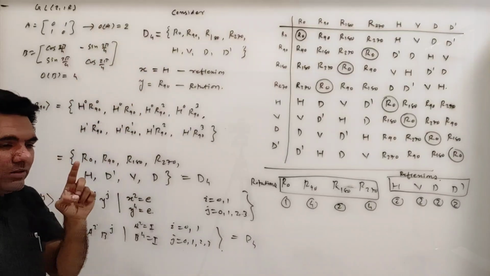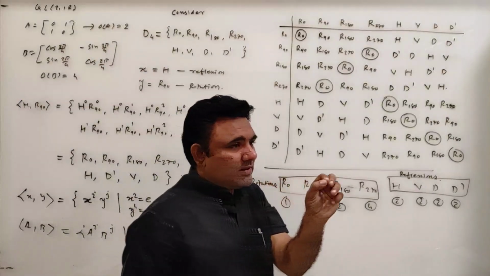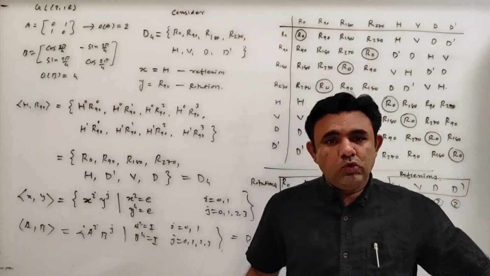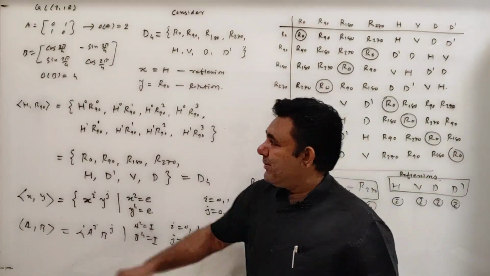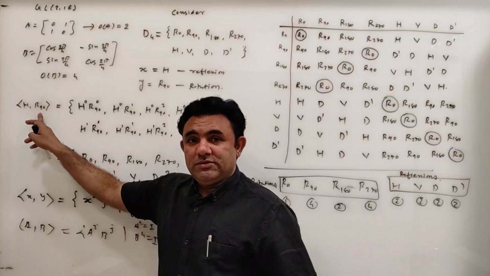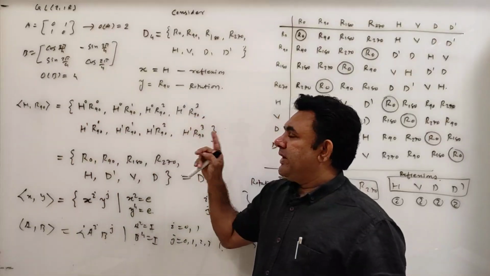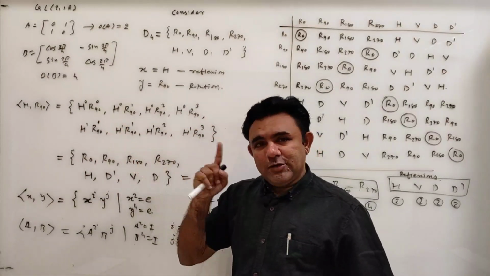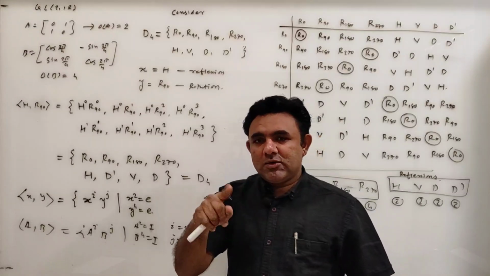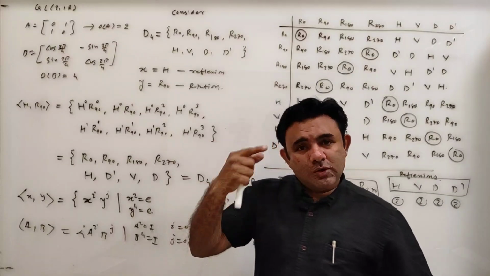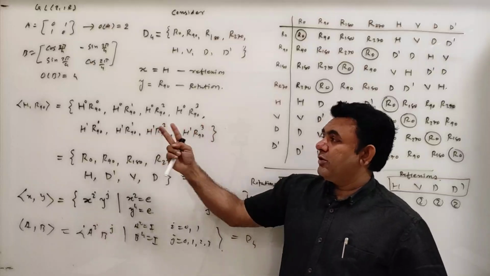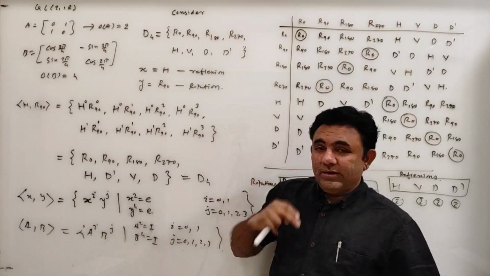वहाँ साइक्लिक ग्रुप में क्या हो रहा था कि कोई एक एलिमेंट के पावर से मुझे ग्रुप का हर एक एलिमेंट मिल रहा था. यहाँ पर I need 2 elements, so I will not say it is a cyclic group. Cyclic group means what? All the elements are obtained from the various powers of a single element. But here I require 2 elements.